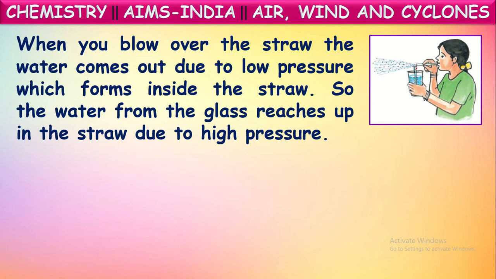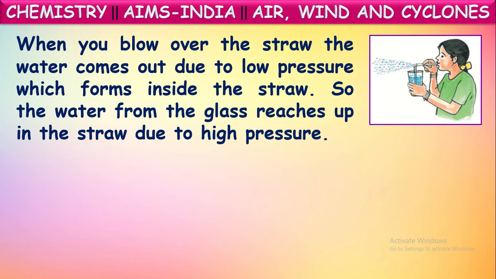We have studied that air always rushes from high pressure areas to low pressure areas. By blowing air through the horizontal straw, the air present in the vertical straw is also blown away, and so a low pressure area is created in that vertical straw.